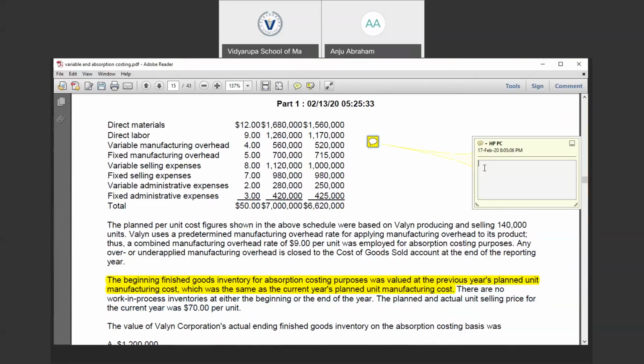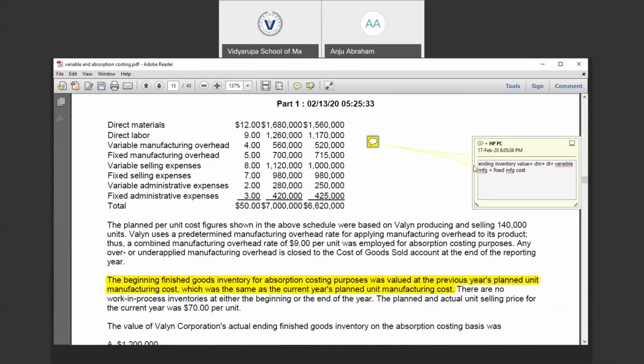So ending inventory cost, and ending inventory value equals direct material plus direct labor plus variable manufacturing, plus, since this absorption costing is used, we need also include fixed manufacturing cost.